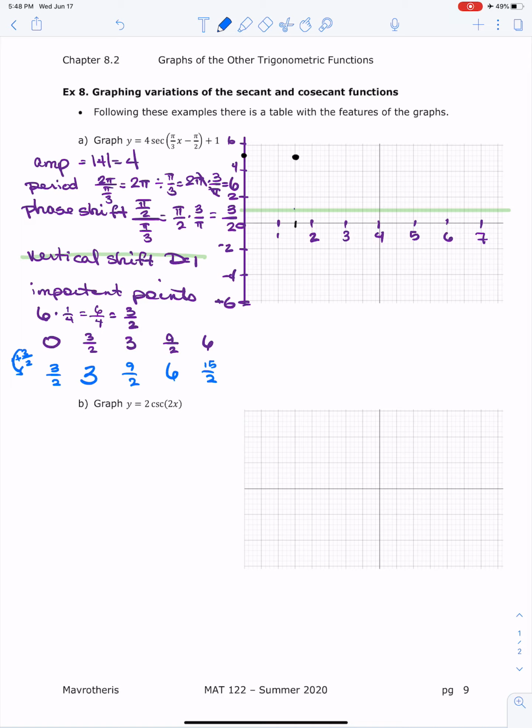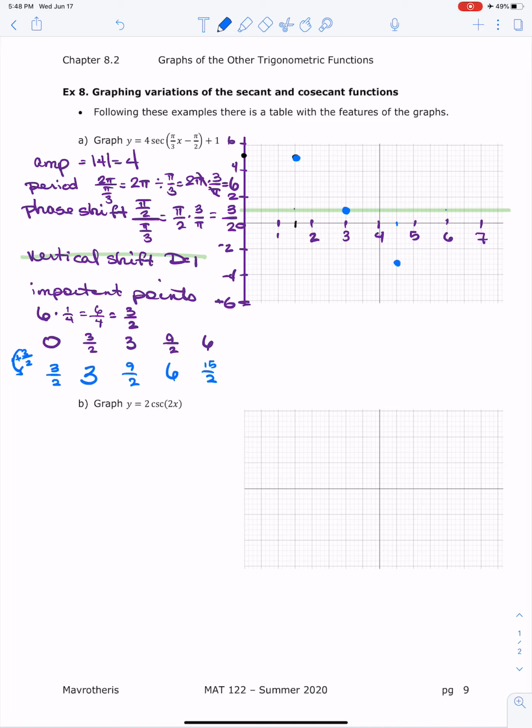So at 3/2, that's the start of my cosine function. I am 4 above my midline. At 3, I'm back on that midline. At 9/2 or 4.5, right here I am going to be 4 below the midline, so I'm down here at -3.